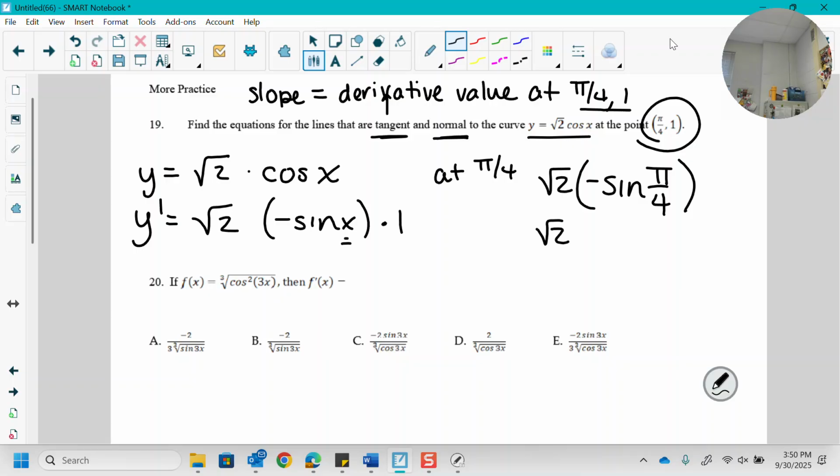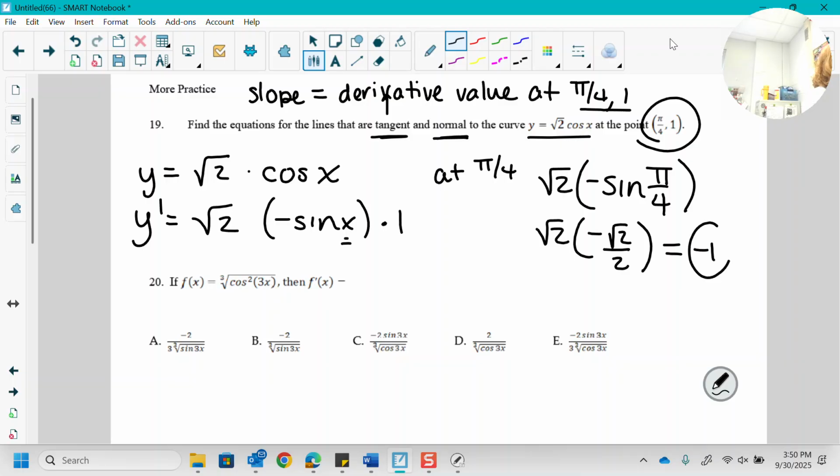So that's root 2 times negative root 2 over 2. That's sine of pi over 4. Which is going to turn out to be negative 1. That is going to be my slope.